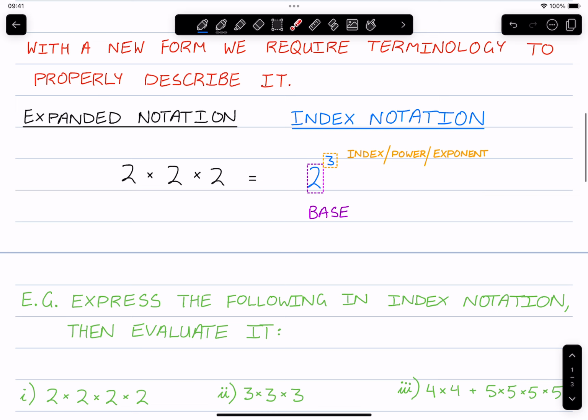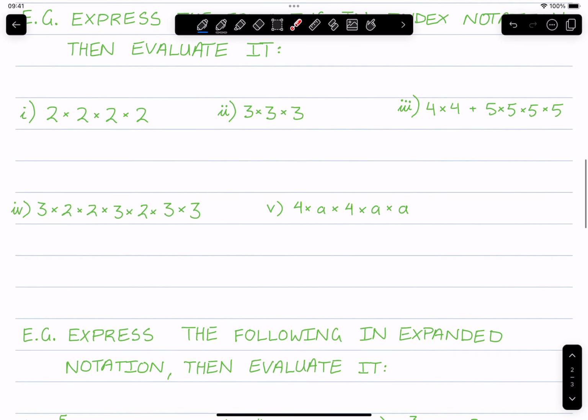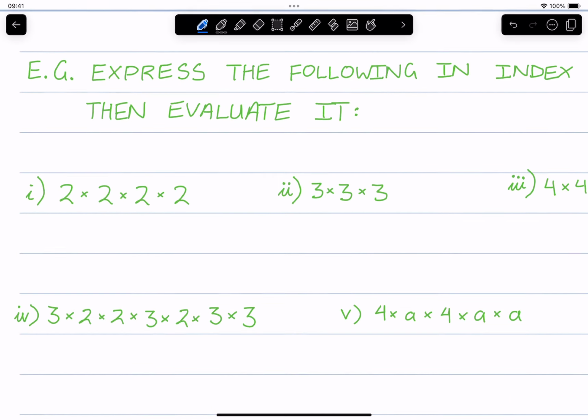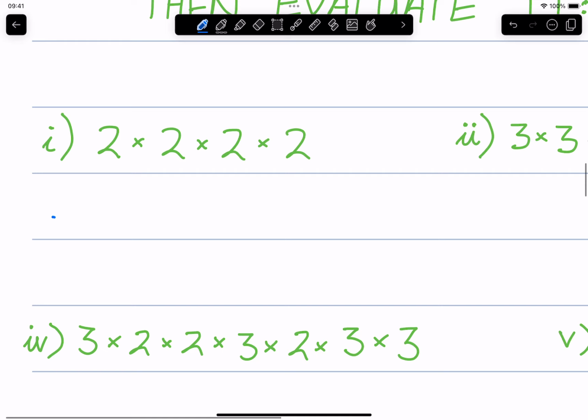Now that you've seen this, let's express the following in index notation. These are in expanded notation. I'd like you to convert these into index notation. Pause and give this a go yourself. All right, so here we go. In this instance, we can see that 2 is being repeatedly multiplied.